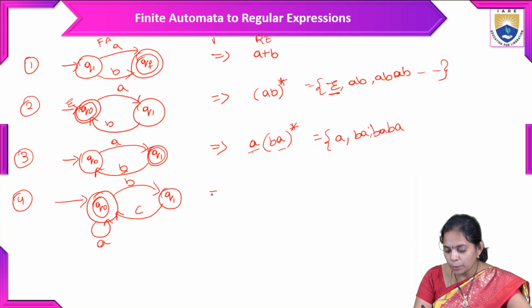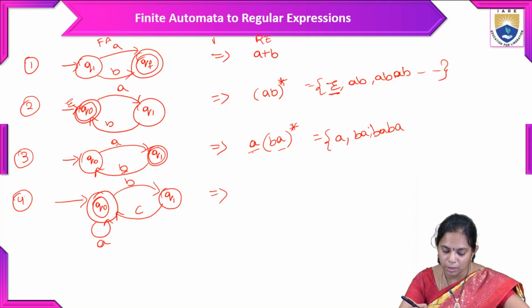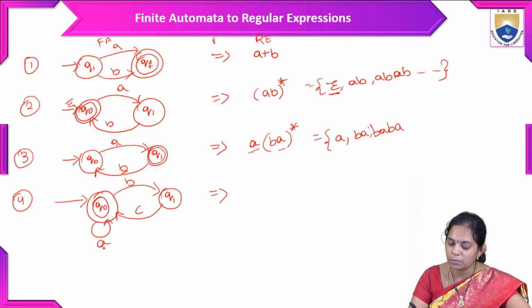Here, how do we design the regular expression for this finite automata? Initially q naught is the final state with the A input symbol, and that indicates A star. B followed by C, which is reaching the final state, is BC, that is BC whole star.